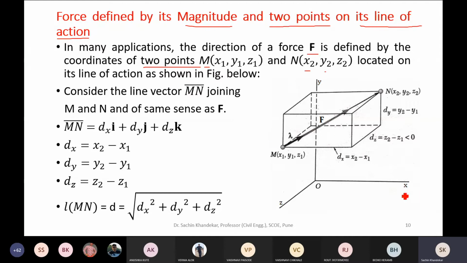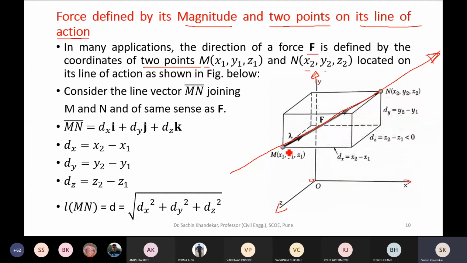So the coordinate system is given. This is the positive x-axis, this is the positive y-axis, and this is, suppose, the positive z-axis, and the origin is somewhere here. This is the space force, something like this, acting in this direction, and the arrow is shown.